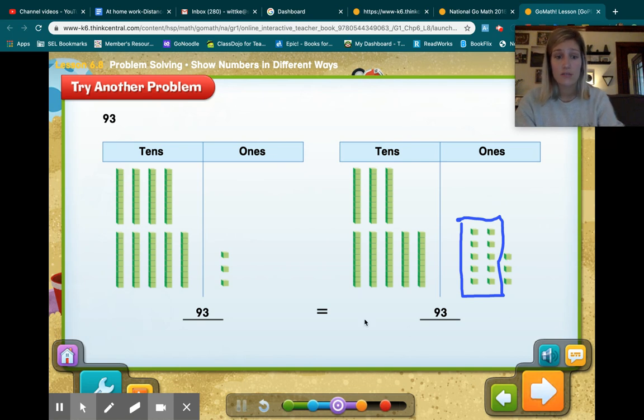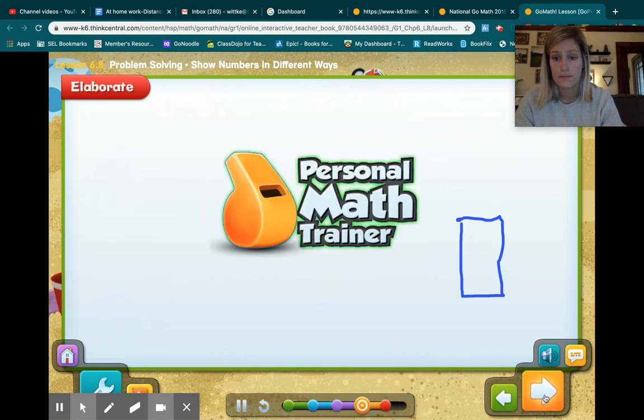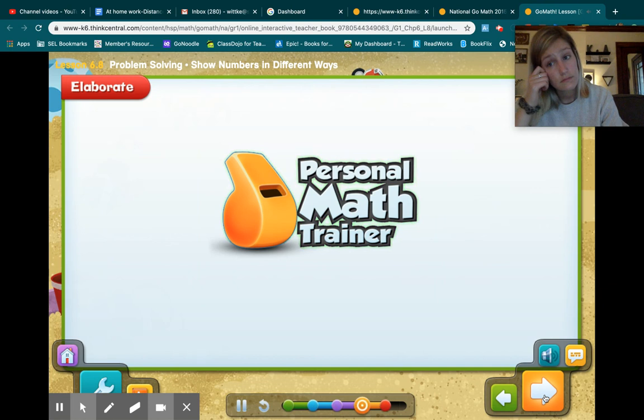So, like I said at the beginning of this, the problem on this side was like Gary's. It was quicker and easier. This side was like Jill's, but it still gives us the same number, which is 93. Now let's practice with the personal math trainer.